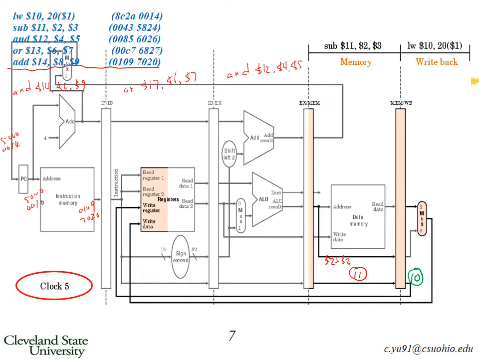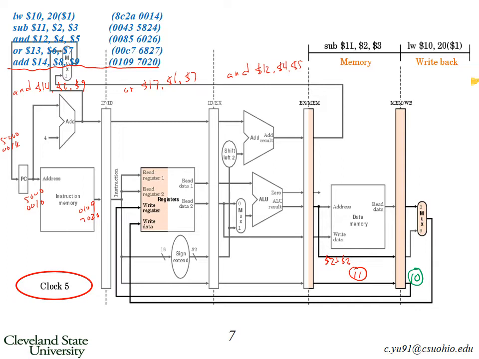In cycle 5, finally the load word instruction moved to the write back stage. And at that point, we get the value from the memory, which is going to be written to destination register number 10. And as you can see, number 10 from the write back stage is fed back to the register file.